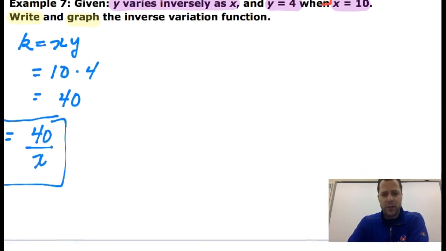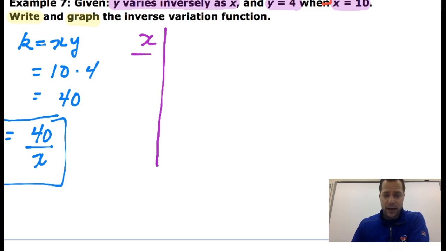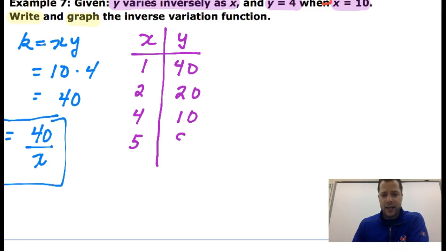It's important to know, if we were going to make a table before we graph this, I would go ahead and make some values. I know that x times y should be 40, so you could do 1 and 40, 2 and 20, 4 and 10, 5 and 8, 10 and 4.